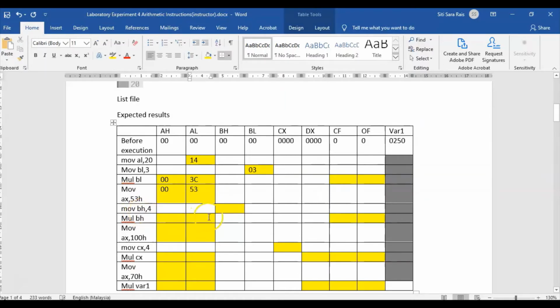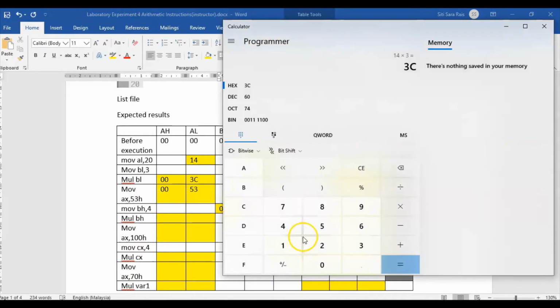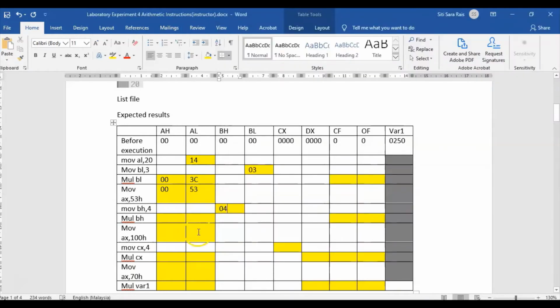Then move BH 04, and then we have to multiply BH with AL: 53 multiplied by 4, and we get 14C.